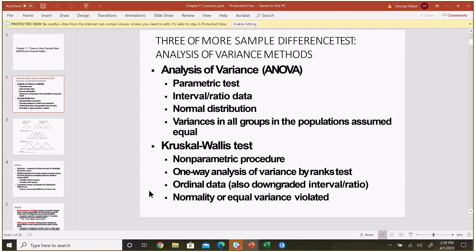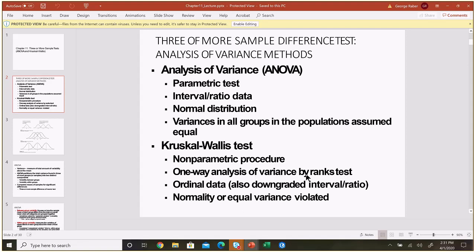All right, the non-parametric version of this test is called the Kruskal-Wallis test, and similarly to the other 2 non-parametric tests, the Mann-Whitney and the Wilcoxon rank sum, it basically takes the original interval ratio data and converts it to ranks.